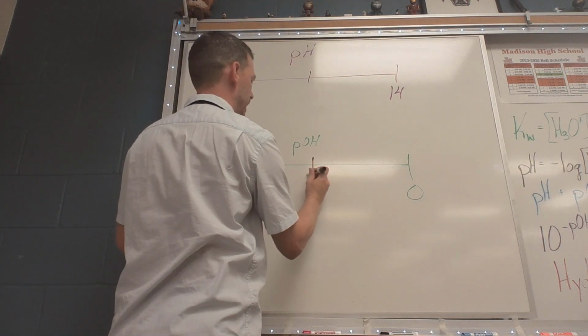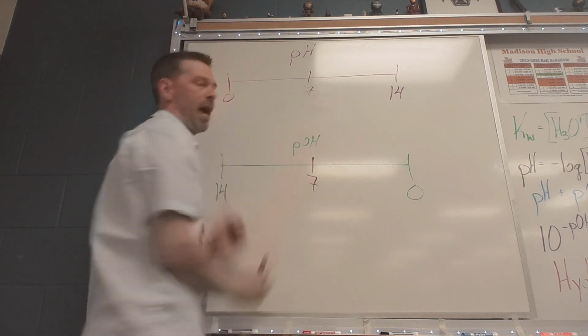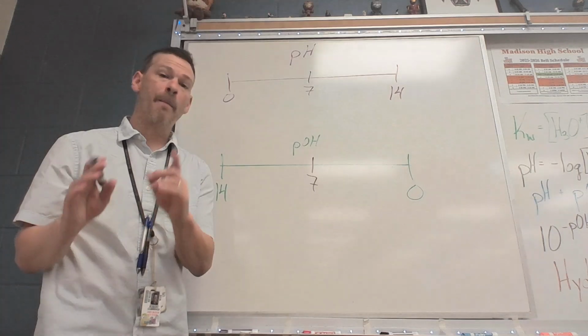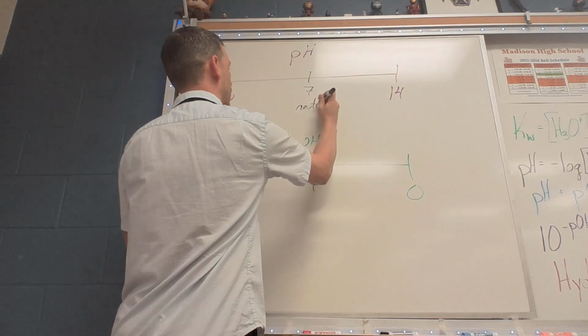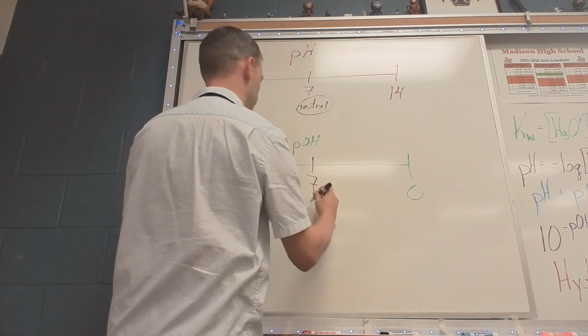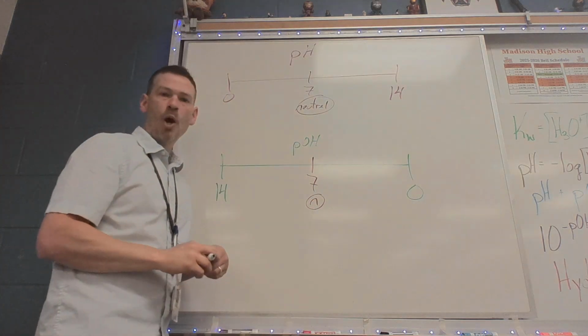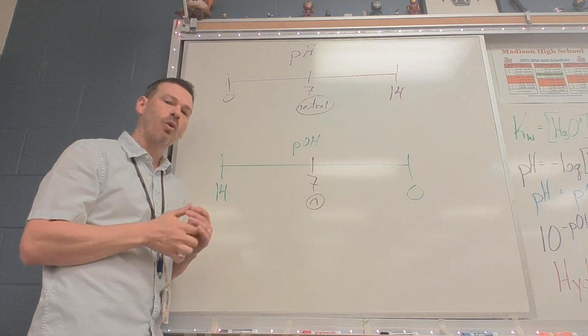In the middle, of course, is 7. No matter which scale you're looking at, a pH of 7 and a pOH of 7 are both neutral. All right? So both of those samples are neither acidic or basic.